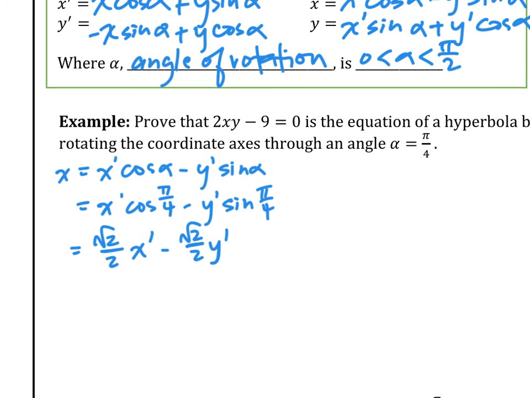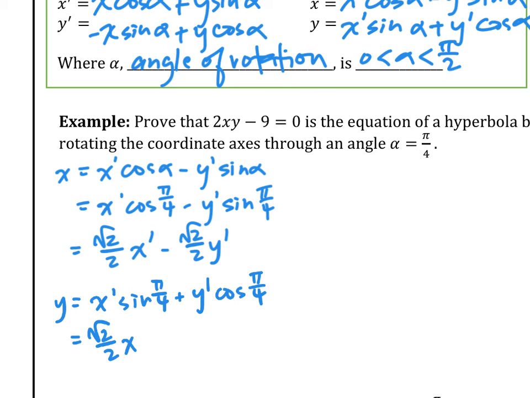Okay, let's do the same thing for y. Y is equal to x prime sine pi over 4 plus y prime cosine pi over 4. Same thing as before, so square root 2 over 2 x prime plus square root 2 over 2 y prime.